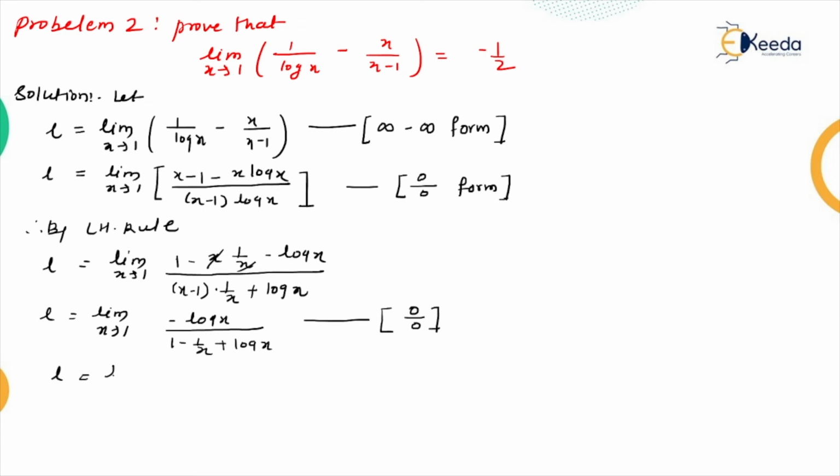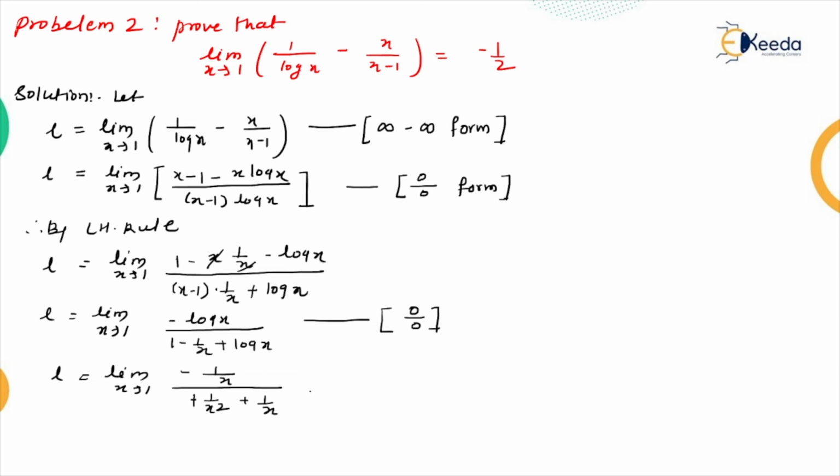So limit as x tends to 1: derivative of minus log x is minus 1 by x, divided by the derivative of 1 minus 1 by x plus log x. The derivative of 1 is 0, the derivative of minus 1 by x is minus minus, that is plus 1 upon x square, and the derivative of log x is again 1 by x.